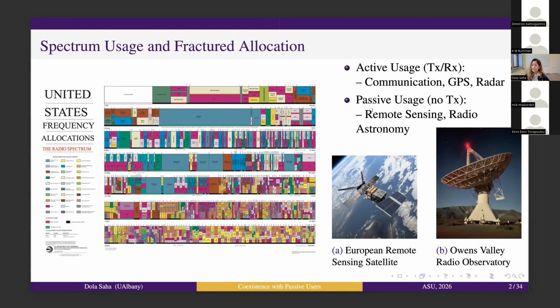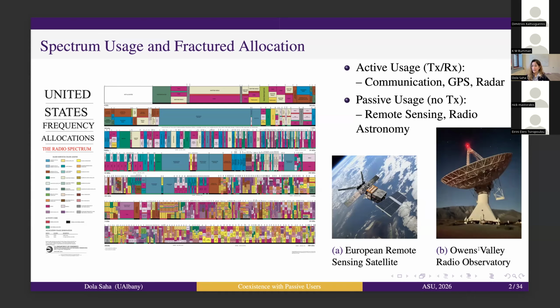Passive usage we talk less about, but passive usage are the ones where there is no transmitter, so no human-made transmitter transmitting modulated signals. The two examples are remote sensing and the radio telescope used for radio astronomy. They are still measuring the electromagnetic spectrum and signals, but not man-made signals.